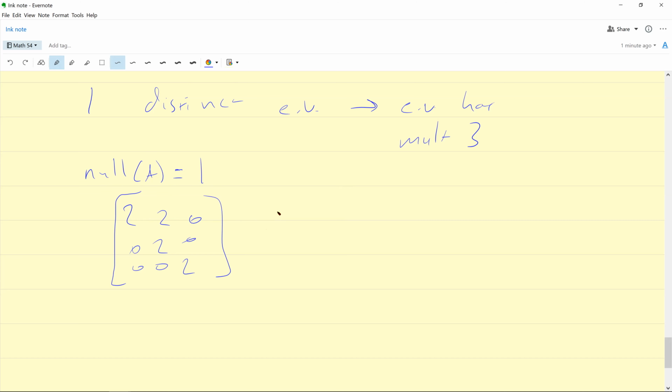It would either be 1 or 2, but I forget. Rank is the dimension of the column space. Oh, actually, shouldn't this be rank 3? Yes, never mind. So that's on the right track.